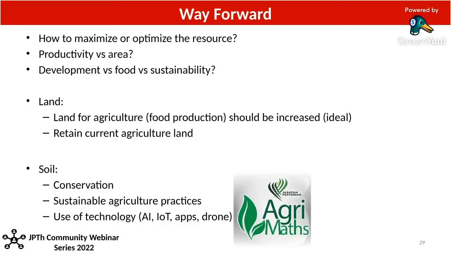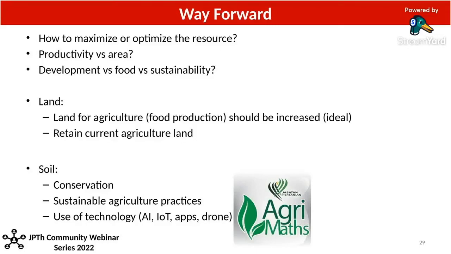Okay, the technology development in agriculture is also very vast. It can be used nowadays, but not all are available. Some of it is ready, but some is still in the development stage. For example, it includes AI, artificial intelligence, the IoT, software applications, and also drones.